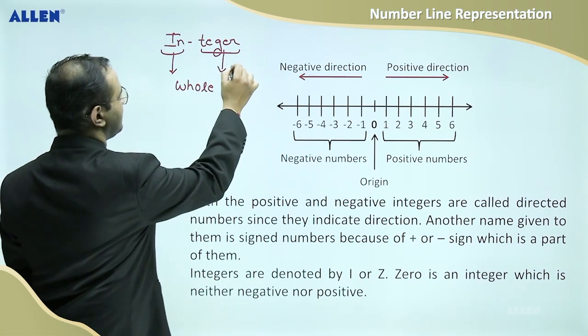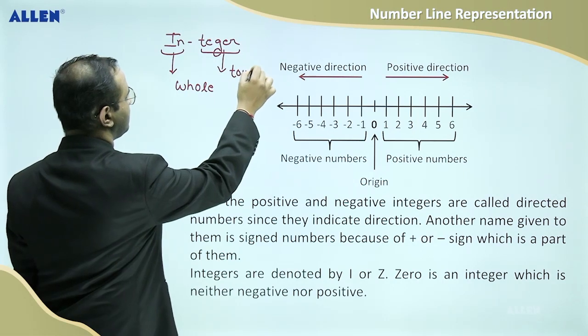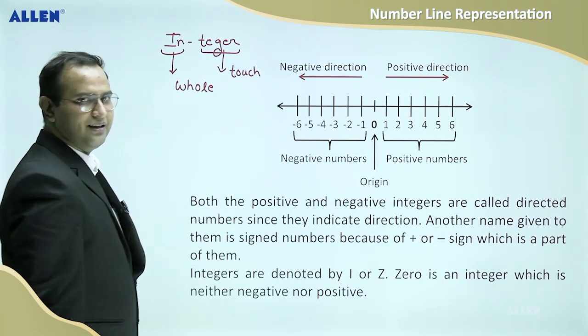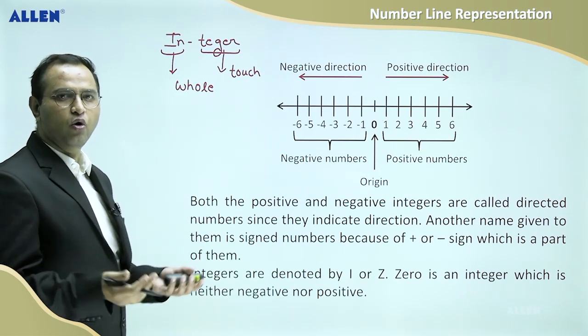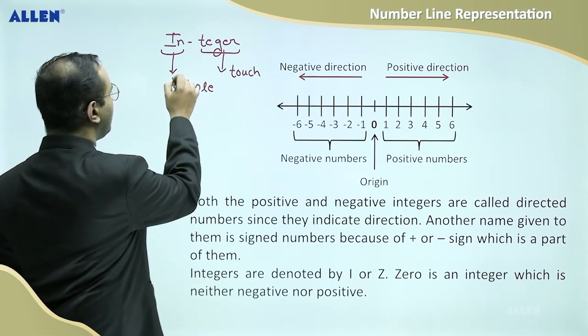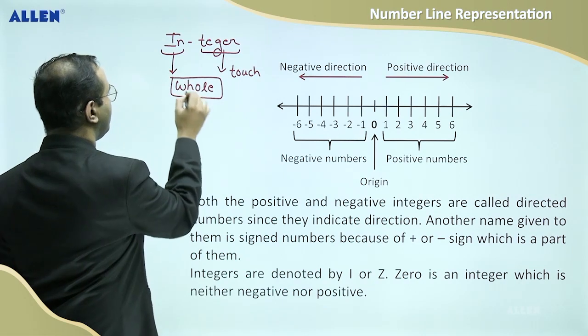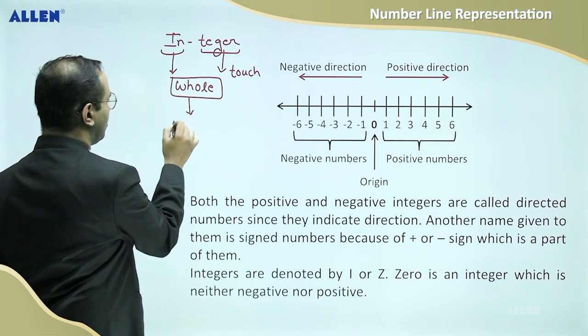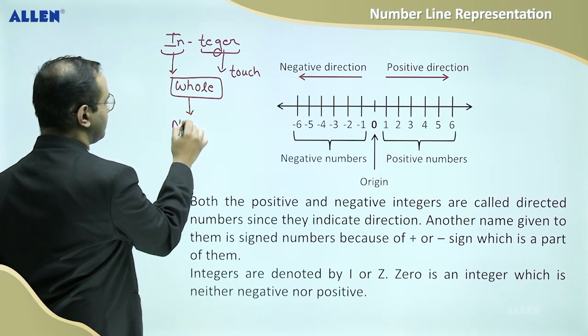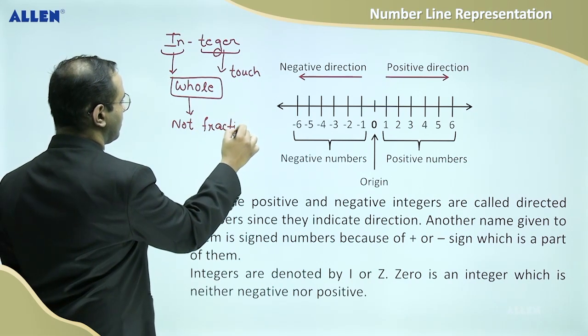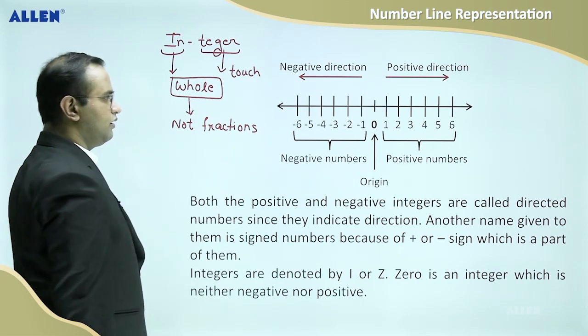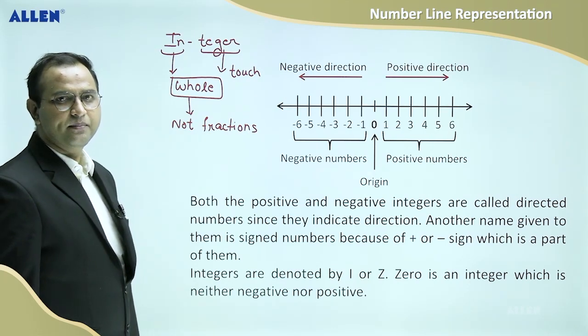Like teacher comes out to be touch and in comes out to be in. So which is in touch means which is in a whole part. Now what do you mean by whole? By whole means they should not be fractions.